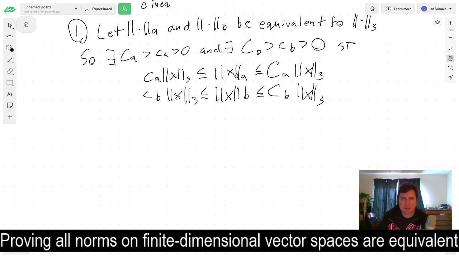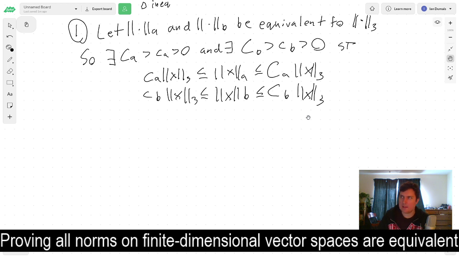All right, so basically I'm going to somehow combine these because we want to show that a similar type of statement is true, except instead of x3 and xA or x3 and xB, it's xA and xB. So we need to find these constants. They're going to be based on these other constants.